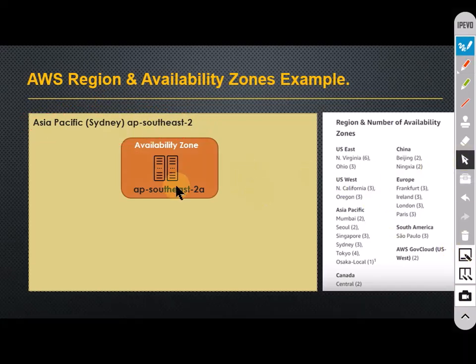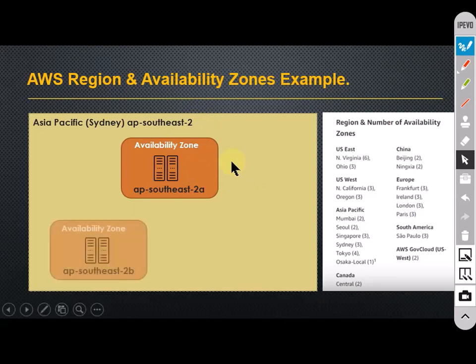This is going to be my first availability zone, represented with AP Southeast 2A. In case I have another availability zone, it is going to be represented like AP Southeast 2B. Okay, this is 2A, this is 2B, and this is 2C.